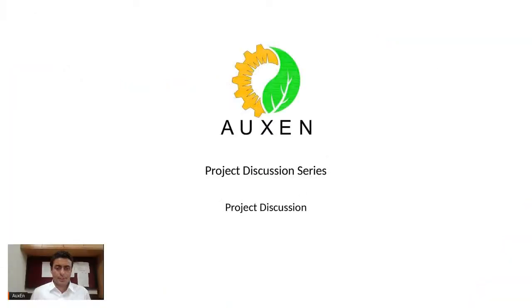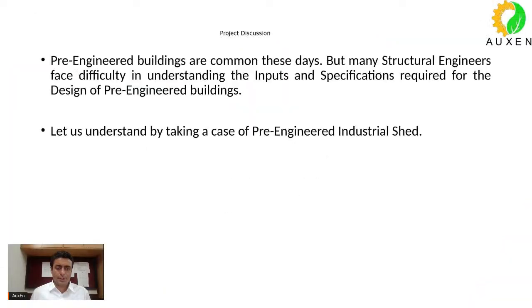So, in today's episode, it's not actually a project, but it is a discussion on understanding the inputs and specifications required for pre-engineered buildings. You see many pre-engineered buildings these days.